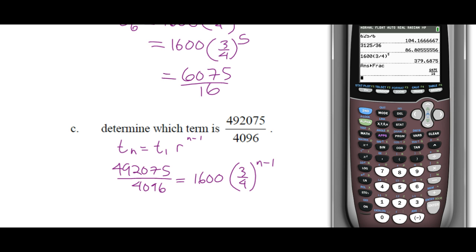Okay, let's get a calculator out. We've got 492,075 divided by 4096. I'm just going to hit enter on that, and then we'll divide that by 1600. 0.075. Okay, but what is that, math? Really? Give us a fraction.